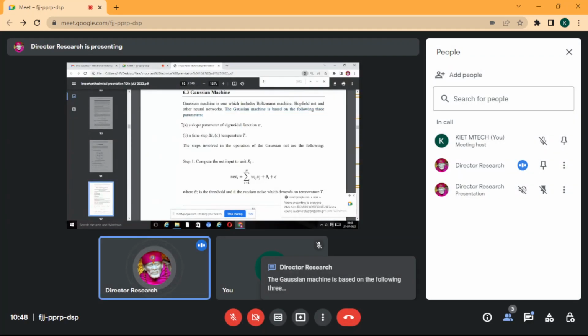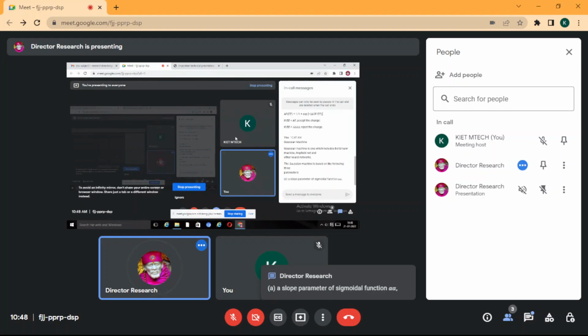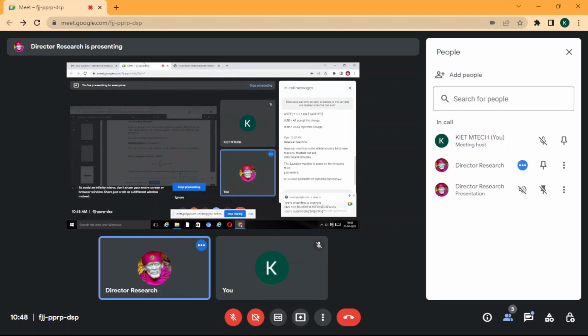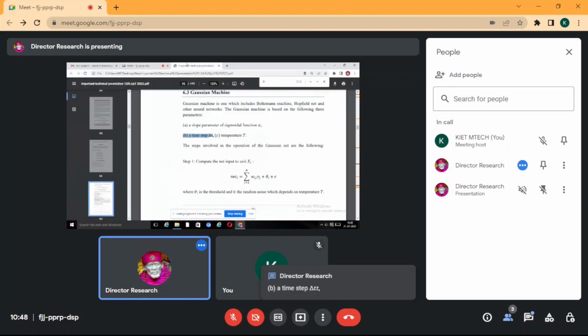Slope parameter of the sigmoidal function, alpha. Time step, delta t. Temperature, capital T.